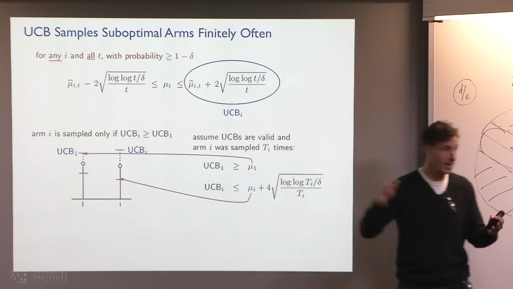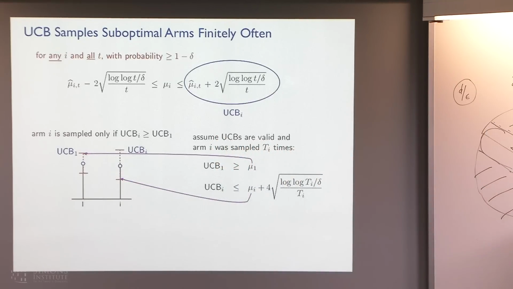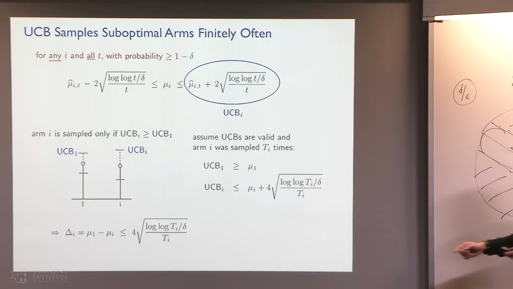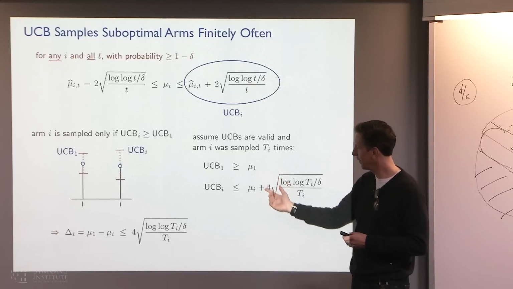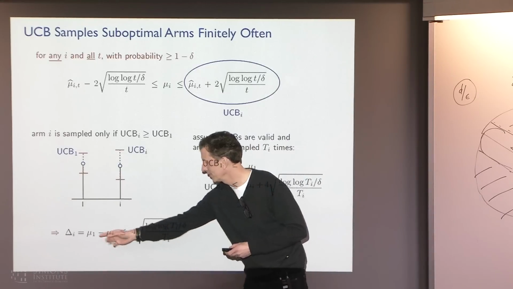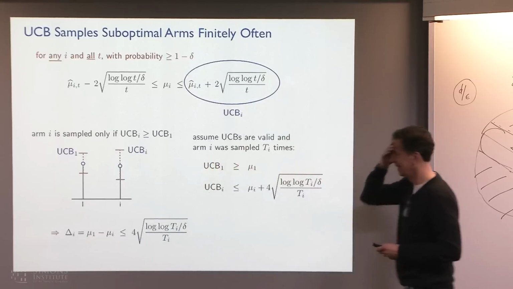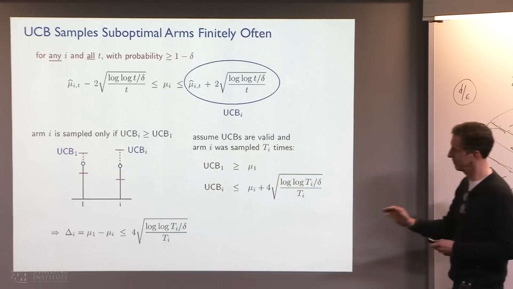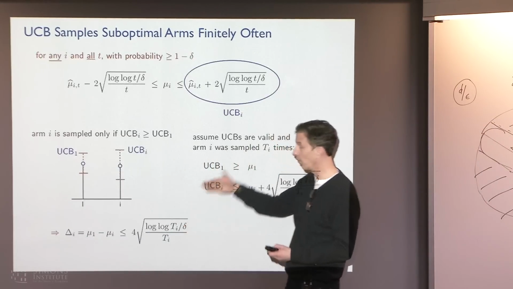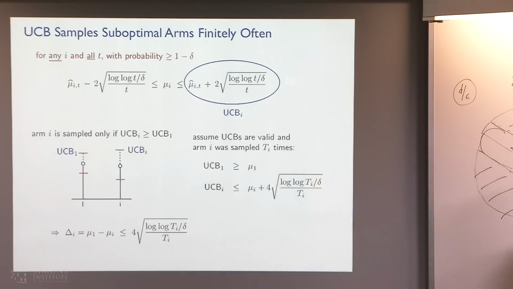But if these are valid, the true means have to be in those intervals, and so we could have this kind of inequality. And if we rearrange that inequality and move the mu I over to the other side, it tells us the gap, delta I, has to be less than or equal to the full width of the confidence interval for arm I.